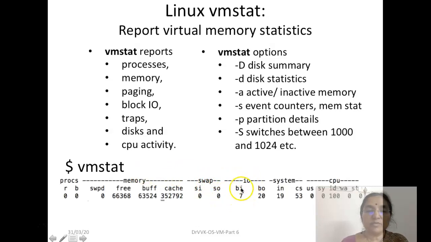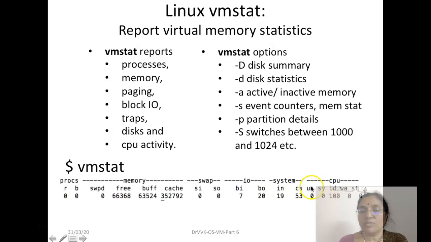And then I/O, how many blocks are in and how many blocks are out from a block device. And then interrupts and context switches. These are the system parameters, something to do with the kernel. And CPU, the total utilization is the sum of all of these.